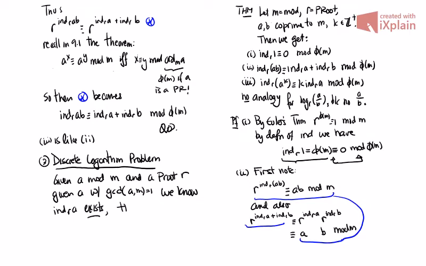In other words, there is an x such that r to the x is congruent to a mod m. But how do you go about finding it?